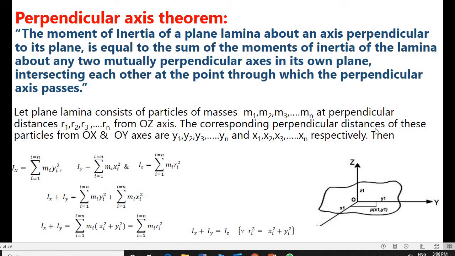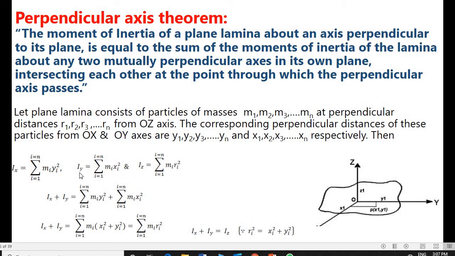The corresponding perpendicular distances of these particles from OX and OY are y1, y2, y3, so on to yn, and x1, x2, x3, so on to xn respectively. Then we know the moment of inertia about the x-axis is given by Ix, that is equal to summation i equal to 1 to n mi yi square.